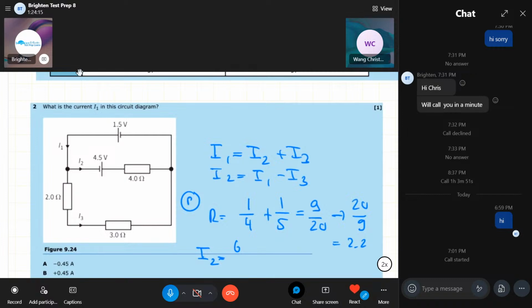So where do you want to go with that, Chris? I don't think we can use the total resistance directly with 1.5 because of the extra electric cell that I2 passes through.